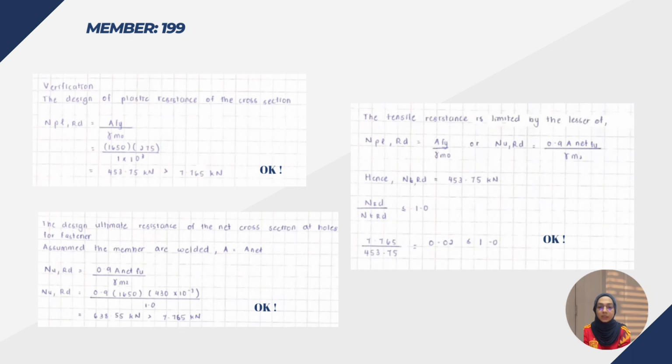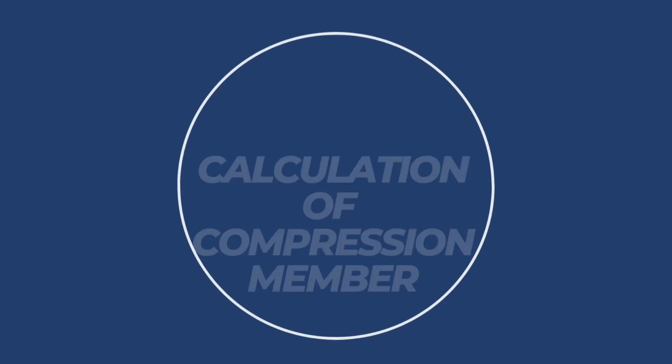As the value of NPLRD is equal to A fy over gamma M, hence the value of NTRD is equal to 453.75 kN. By using the formula NED over NTRD, we get the value of 0.02, which is lesser than 1, then it is okay.